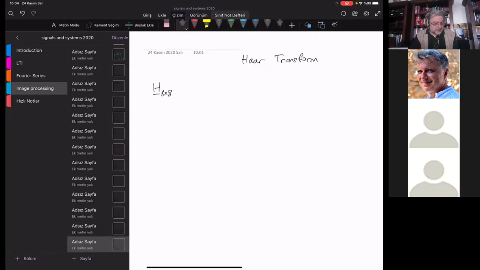And the 8 by 8 matrix that we are going to have will be there is a 1 over 2 square root of 2 to make sure that the norm of the vectors that I will write on the rows will be 1. That would make an orthonormal transform.